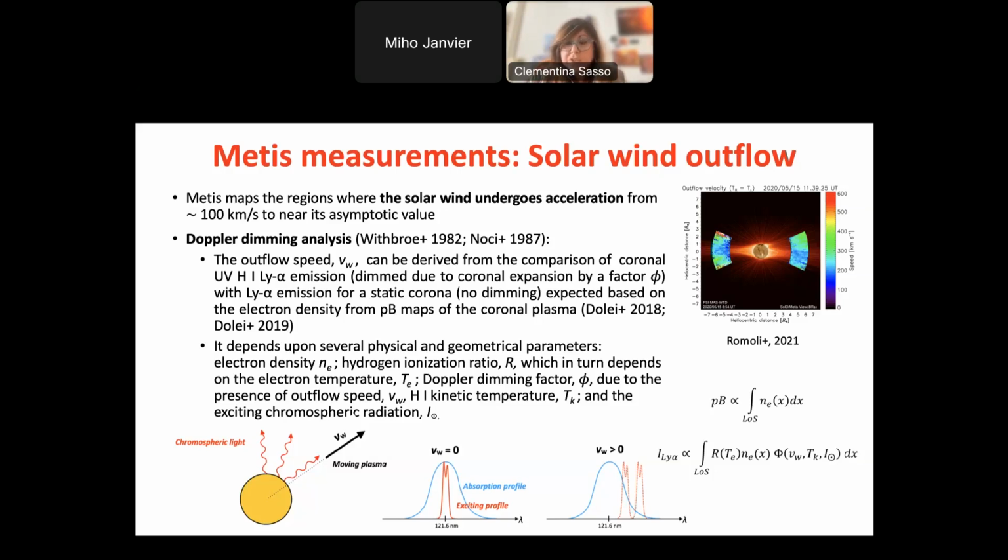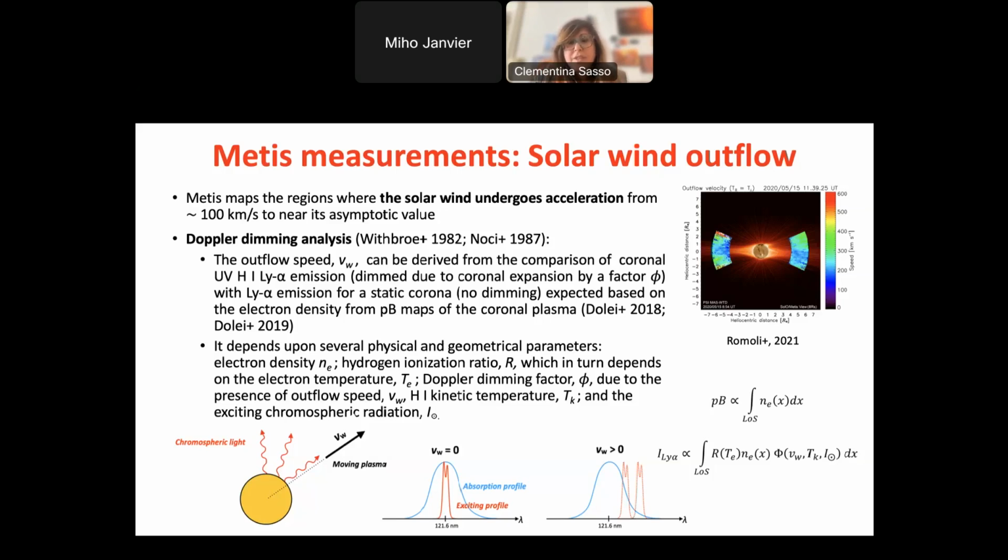And so from these observations and measurements, applying what is called the Doppler dimming technique, we can calculate the outflow speed. And of course, this is based on several physical and geometrical parameters that you see listed here.